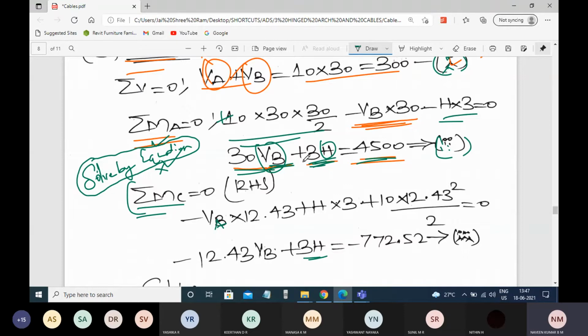Once you get VB as well as H, the next equation of equilibrium, summation of MC, that you are going to do, make sure that the same unknowns appear and form one equation. I hope it is clear now. If I consider LHS, then it is very difficult to get the unknowns. Three unknowns cannot be solved by the equation. Understood?